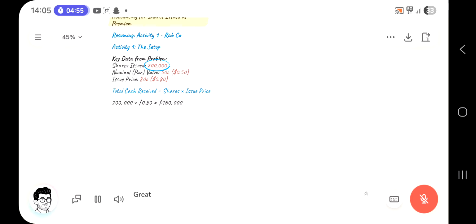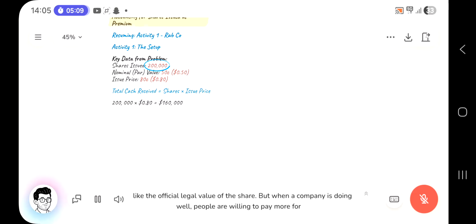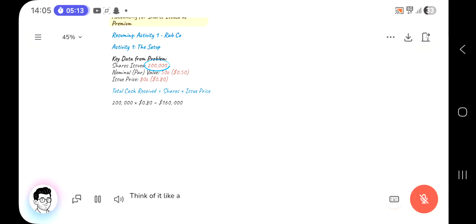Great question. The 50 cents is what we call the nominal value. It is like the official legal value of the share. But when a company is doing well, people are willing to pay more for it. Think of it like a limited edition sneaker. The box might say $50, but you actually pay $80 at the store.